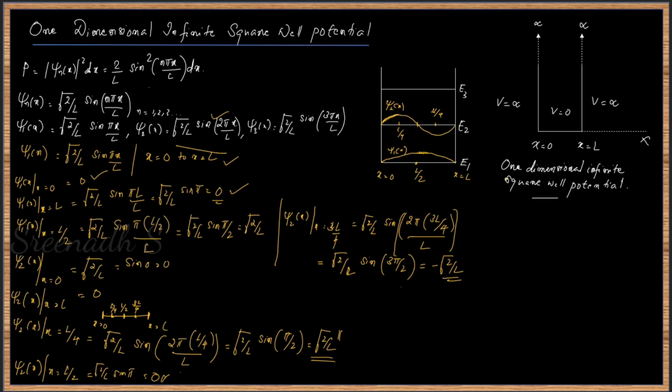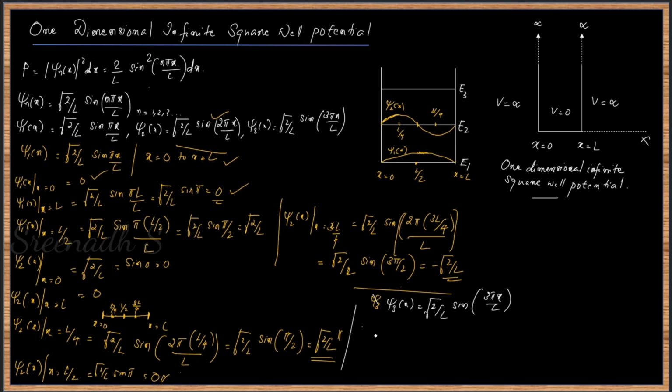What is psi 3? Psi 3 of x is equal to square root of 2 by L sine 3 pi x by L. Right. So like this, we can divide or take the segments.